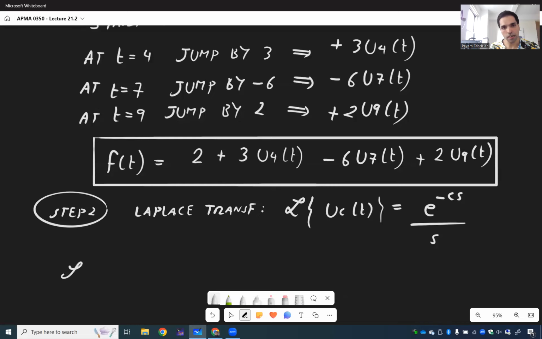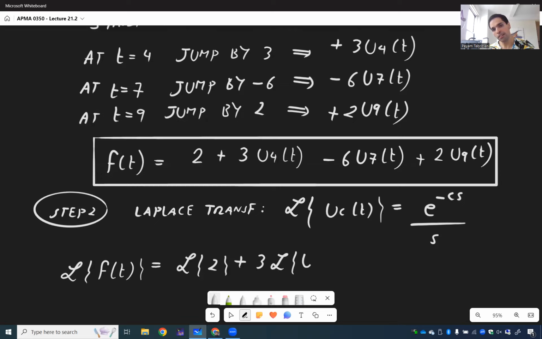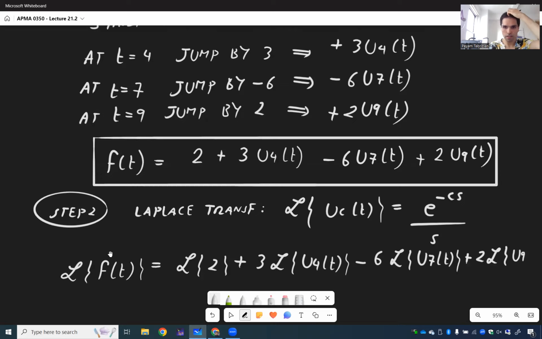So now the Laplace of f becomes the Laplace of 2 plus 3 Laplace of u4 minus 6 Laplace of u7 plus 2 Laplace of u9.